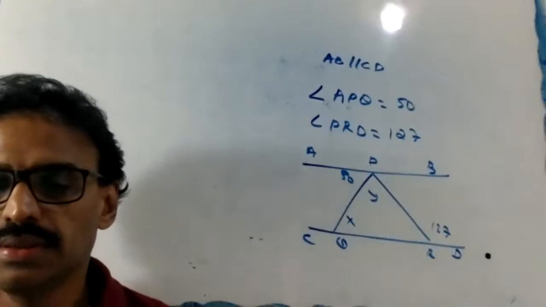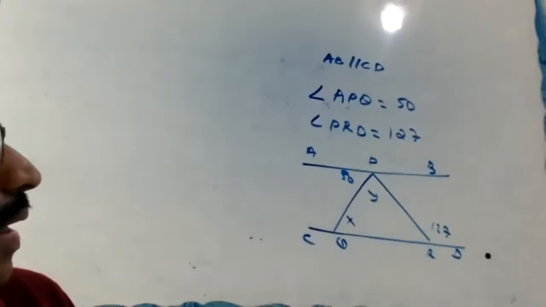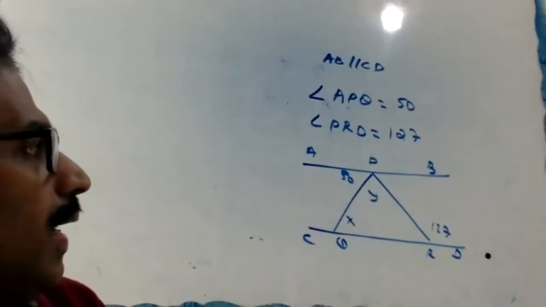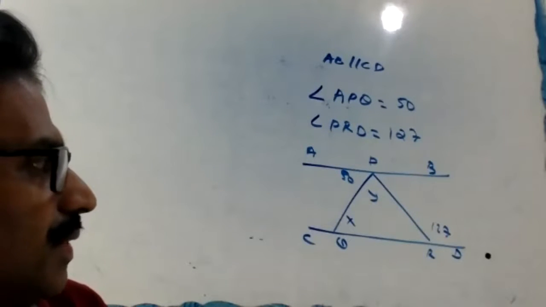Okay, try first. AB parallel to CD. Angle APQ 50, PRD 127.